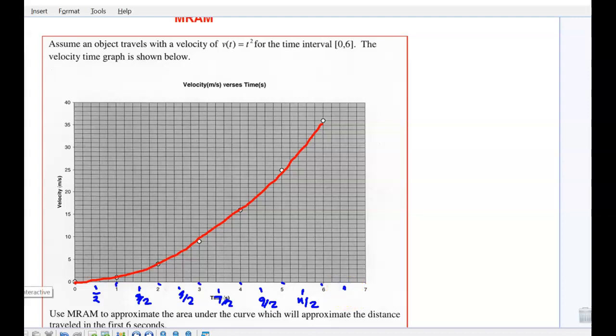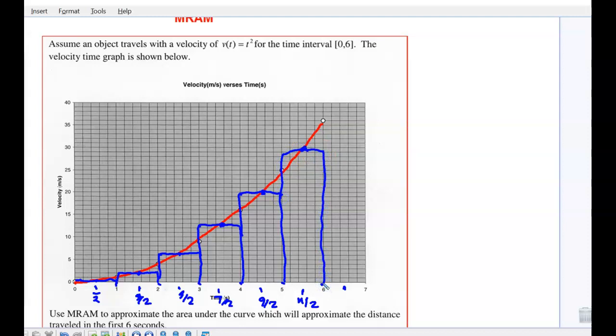And then I'm going to use the heights from those points. So my first height would be somewhere there, which is going to be between 0 and 1. This height is going to be, if I go straight up from 3 halves, approximately there, and there would be my second rectangle. 5 halves, I'd hit about there, and I'll use that for the height for my third rectangle. At 7/2, I'm going to be somewhere up there, so I'm going to use that height for my fourth rectangle, and then 9/2 is somewhere up there, and 11/2 is going to be somewhere up there.